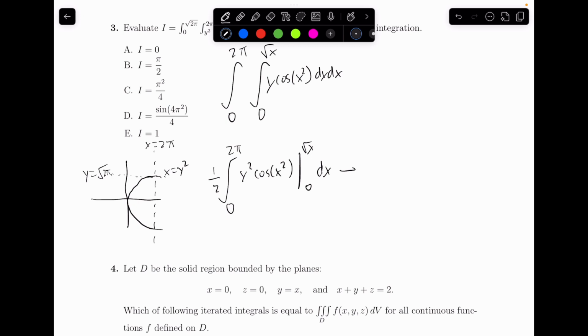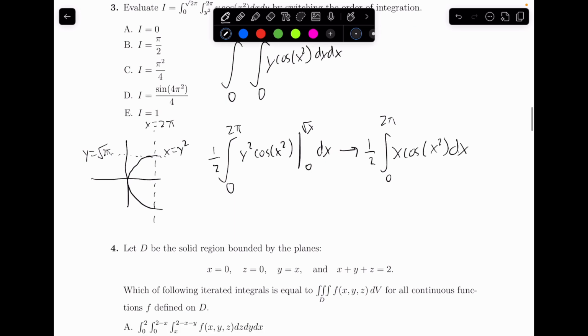That is going to be, keep the 1/2, just 0 to 2 pi now, of x cosine x squared dx. I'm going to use the guess and check method again. I think sine x squared is a good guess.